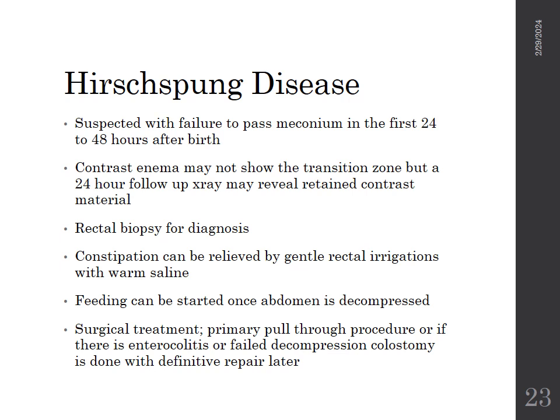And usually we don't like to discharge a baby before we make sure that he passed his first meconium. So it's very important to take a history of when the passage of the first meconium occurred.